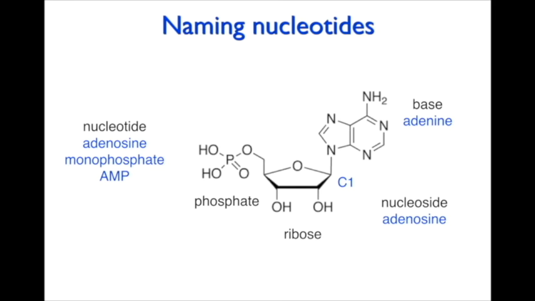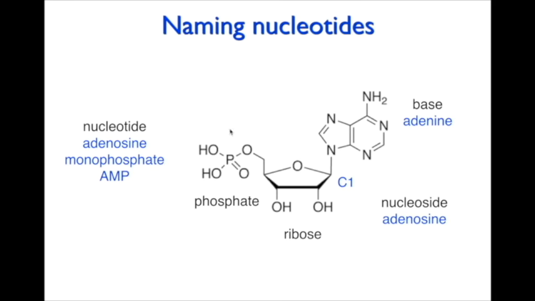Right, this slide is to remind you about the naming of nucleotides. And it's important you understand how they're named, otherwise you're going to get confused because there are so many different names. There's adenine, adenosine, adenosine monophosphate, and so on. So this slide shows the structure of the nucleotide adenosine monophosphate.